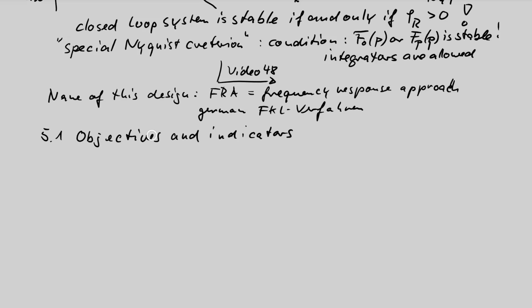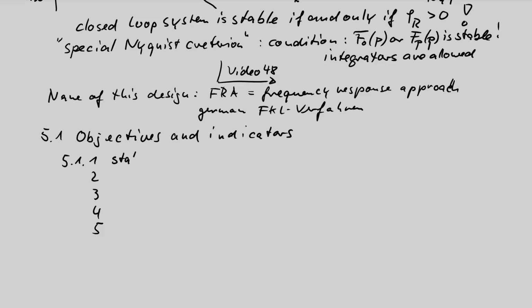What objectives are important in a controller design? I show you five objectives: first, second, third, fourth, fifth. The first objective is, of course, that a loop must be stable.